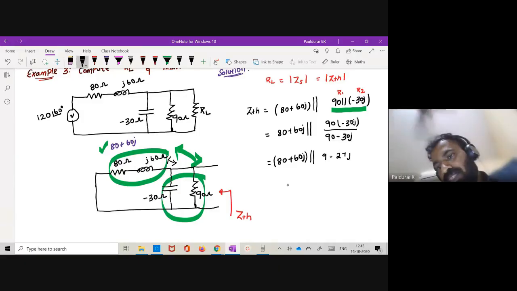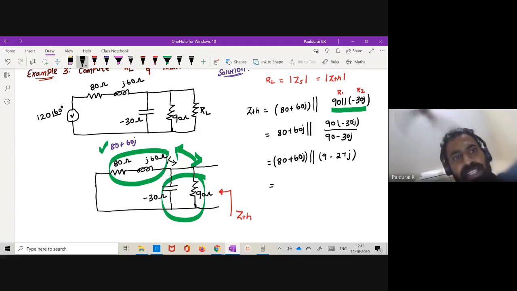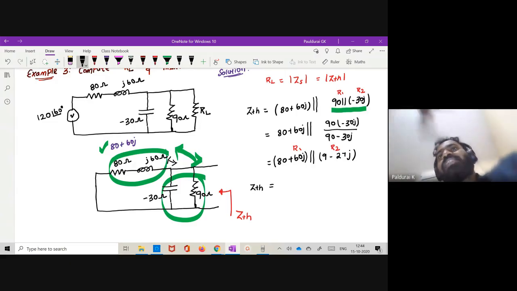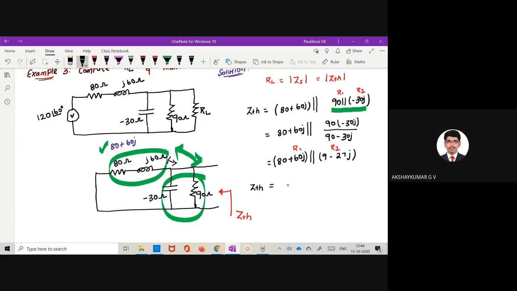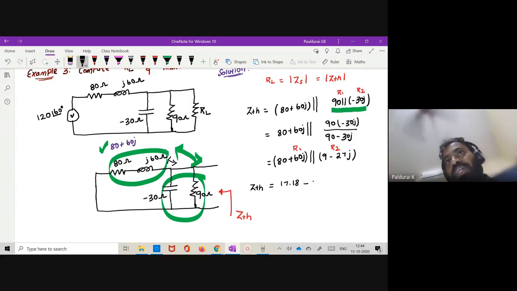9 minus 27J. Okay, now if you calculate ZTH, again this is my R1 and this is my R2. So take the formula R1 R2 divided by R1 plus R2. Tell me, what is the value for ZTH? 17.18 minus 24.